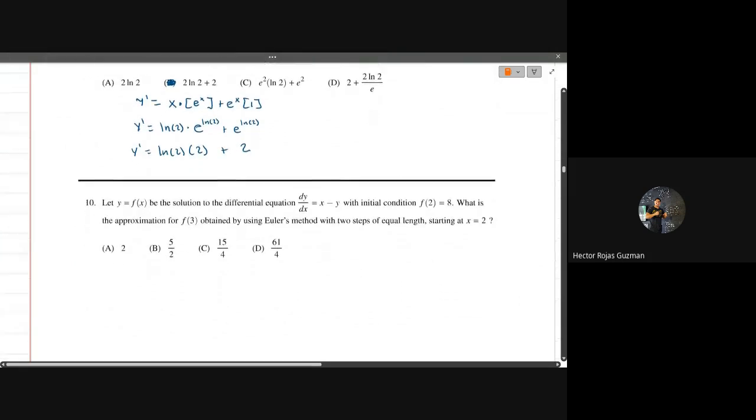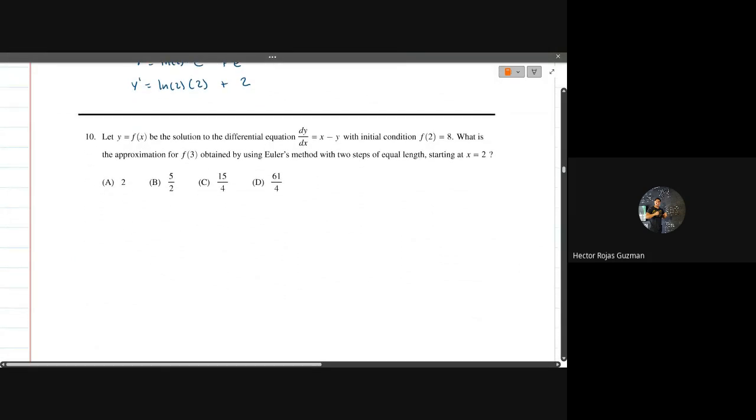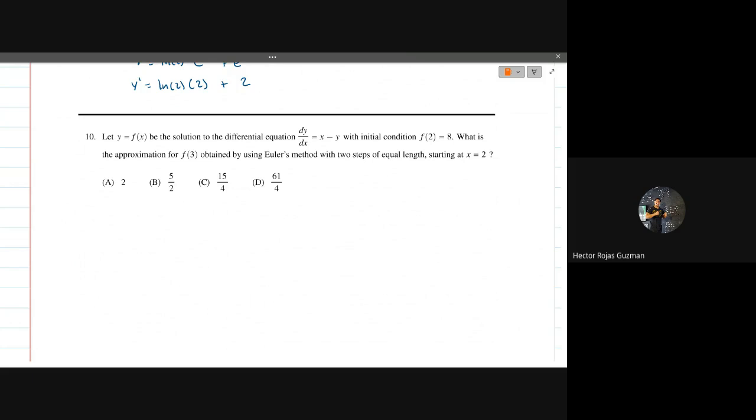Okay. Number 10. f of x is the solution to the differential equation with the initial condition that f of 2 is 8. What's the approximation for f of 3 using Euler's method using 2 steps? Okay. Euler's method is all about creating tangent lines.